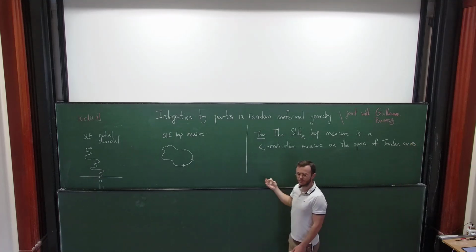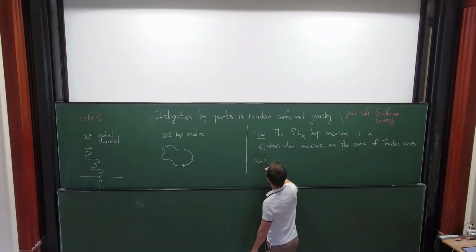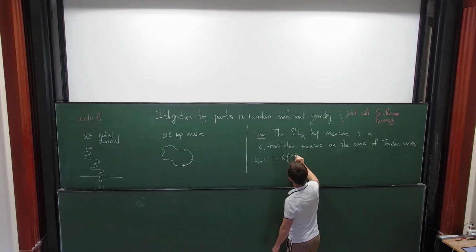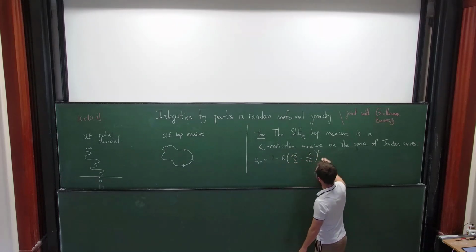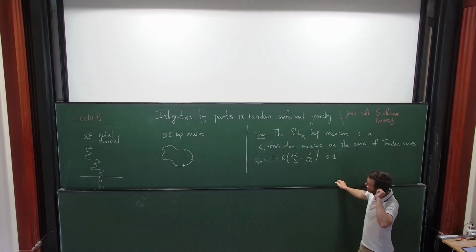So I will explain what this result means. So here c_M is the central charge, which is given by 1 minus 6 times (square root of kappa over 2 minus 2 over square root of kappa) squared. So this one goes from minus infinity to 1, as kappa goes from 0 to 4.